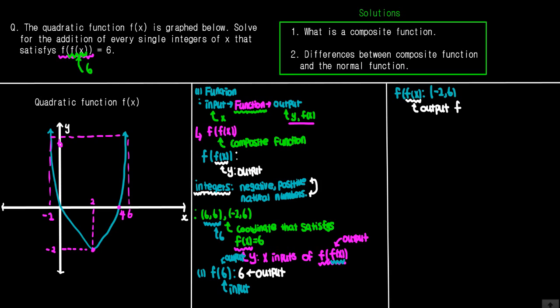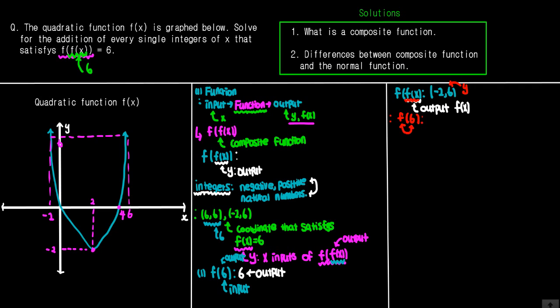So the output of our function is essentially the y value of our coordinate, which is 6. So if we input 6 as our f of x, it is going to be f of 6. And the output of our function just became the input of our new composite function f.